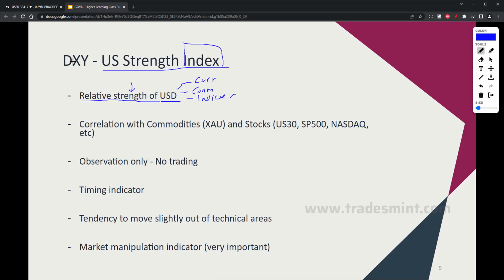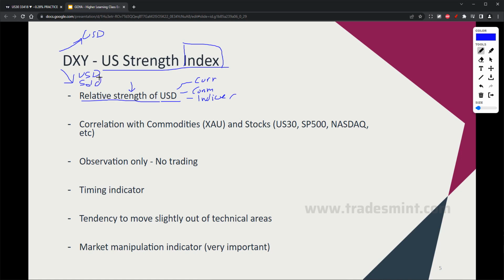So for example, if we see that the DXY is bullish, the value of DXY is going up, it means that the market is currently buying the US dollar. The US dollar is strong. If we see a DXY that is going down, it means the USD is getting sold, overall in the market.